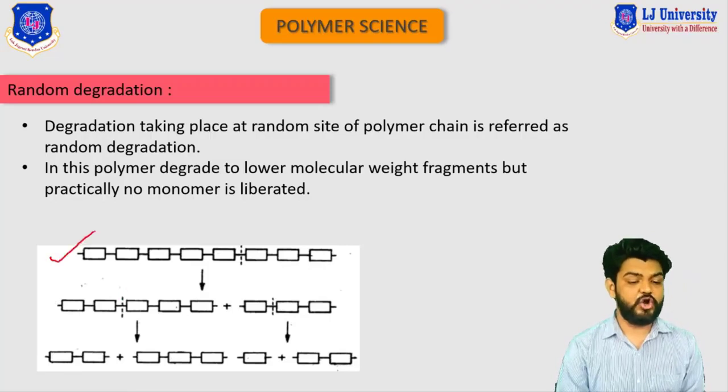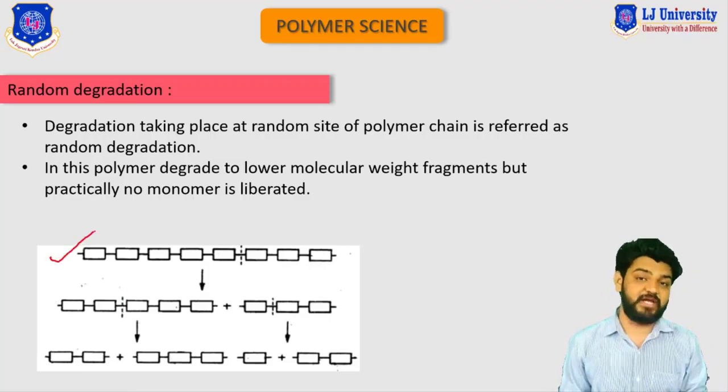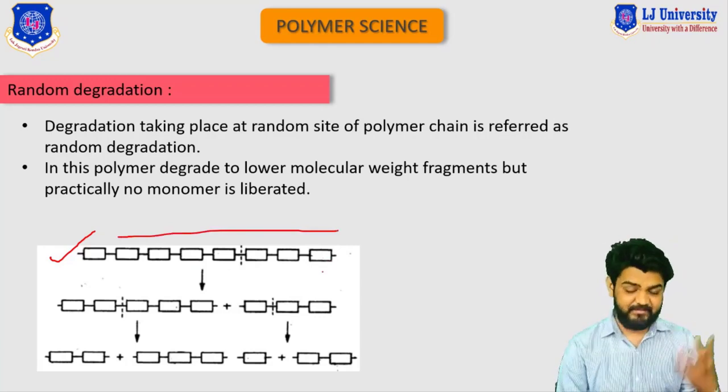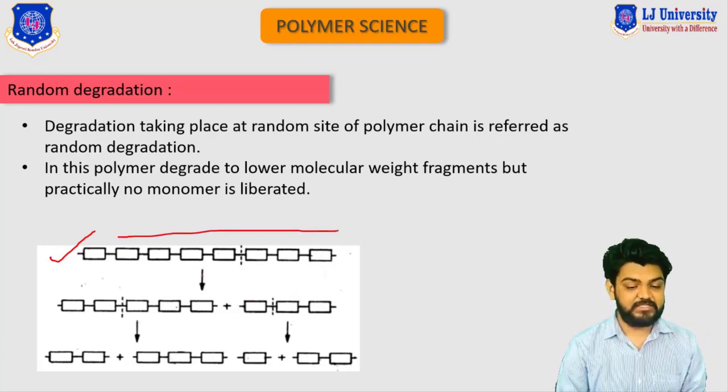This is your long chain of the polymer in which we are going to see the random degradation. This random degradation can take place anywhere along this long chain, right? So for example, let's take that this polymer is now degraded from this particular point, right?